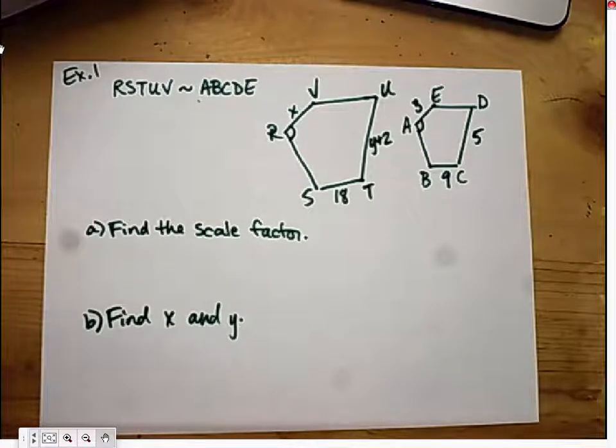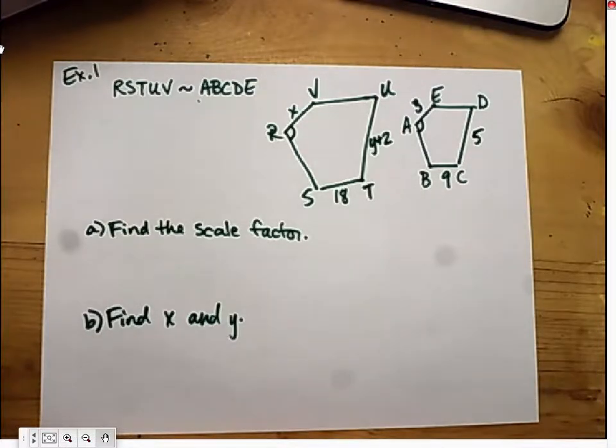No, because we don't know what x is yet. If we knew what x was, then we would know RV and AE, but we don't know what x is yet. If we knew those, they are corresponding, but I'm saying which two are corresponding that we know what they are? Oh, ST and BC. Right.